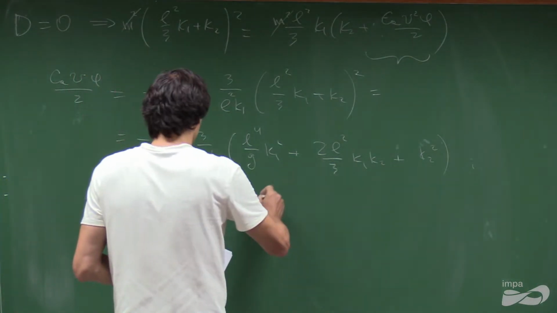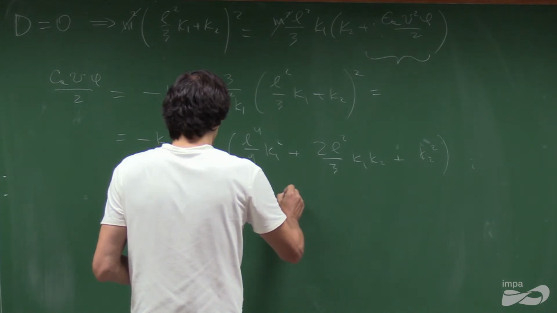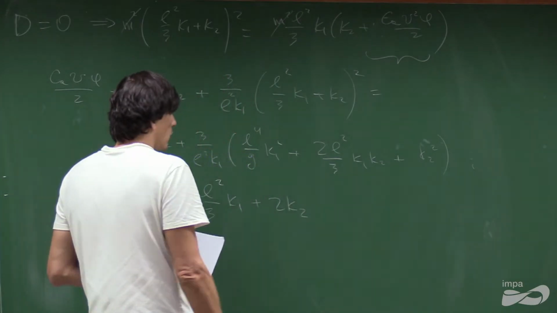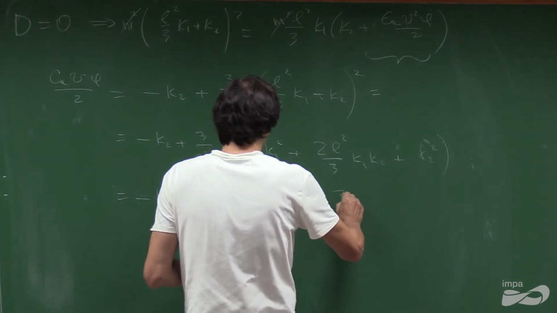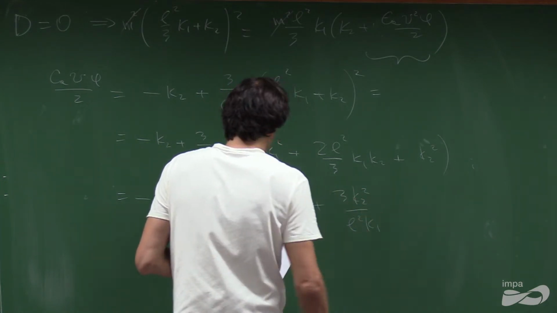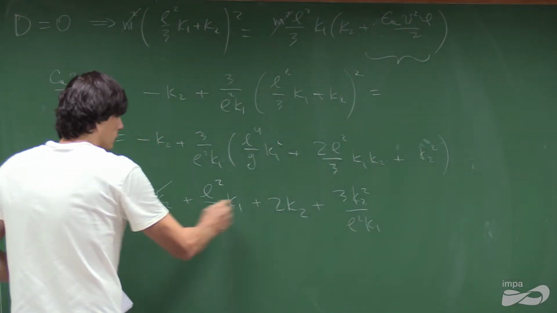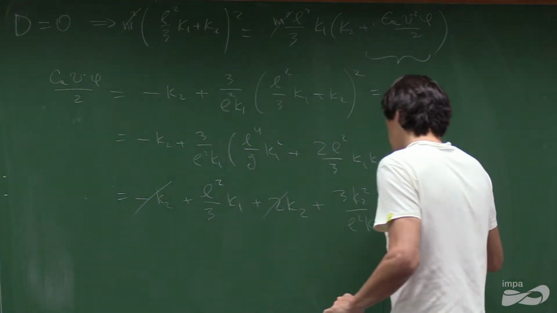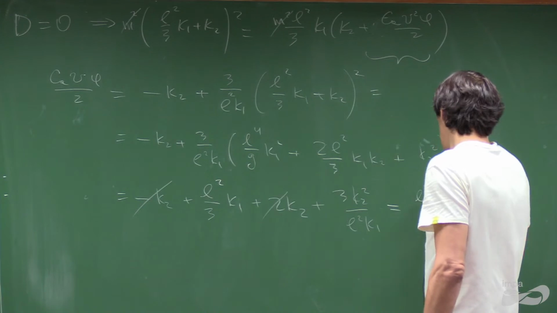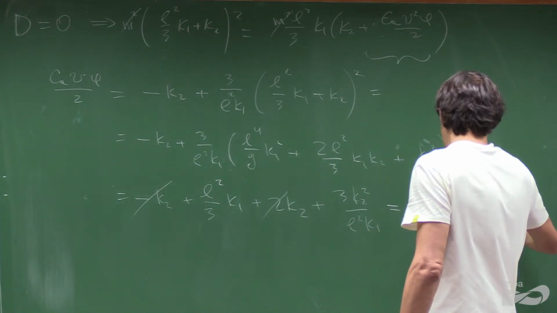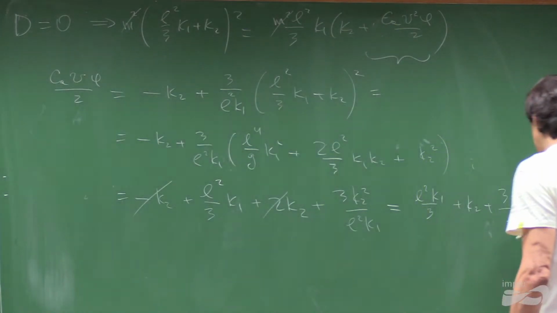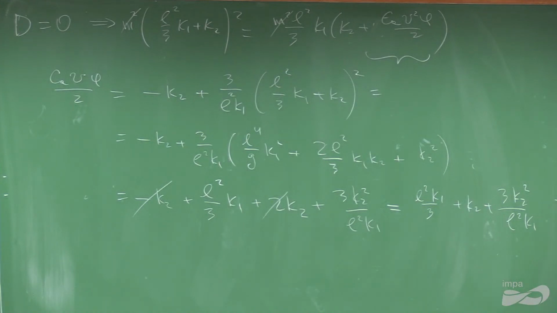This gives you, 3 cancel, so it will be 2 K2. And this gives you 3 K2 squared over K1. And K2 will cancel with 2. So essentially there is this value which is L squared K1 over 3 plus K2 plus 3 K2 squared over K1. So it is a long way, but what is important is that we found it's real and positive.